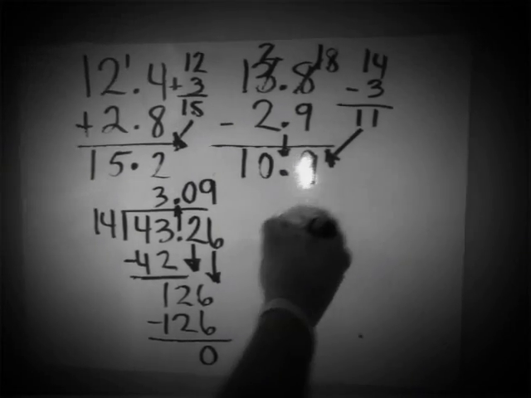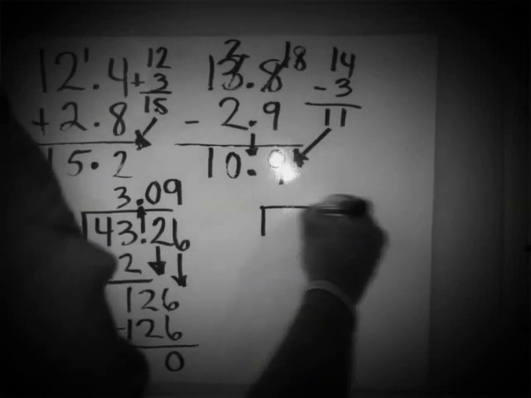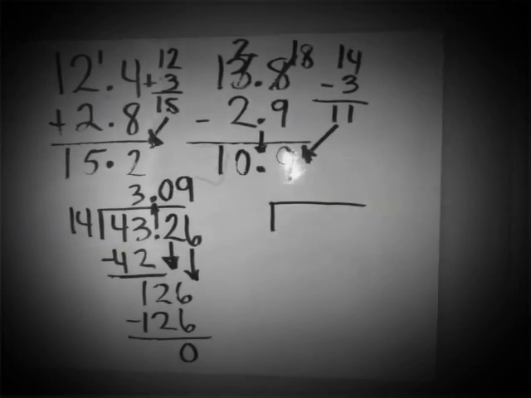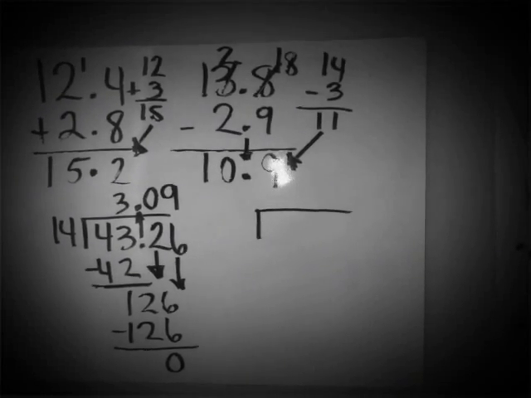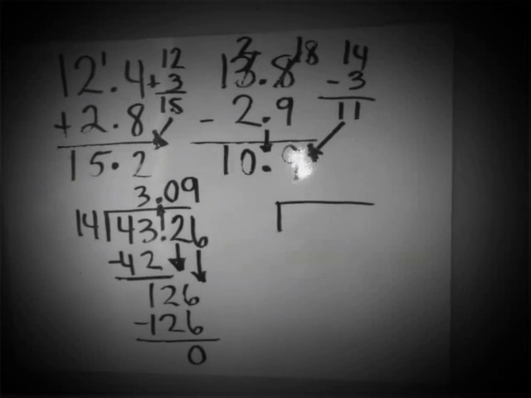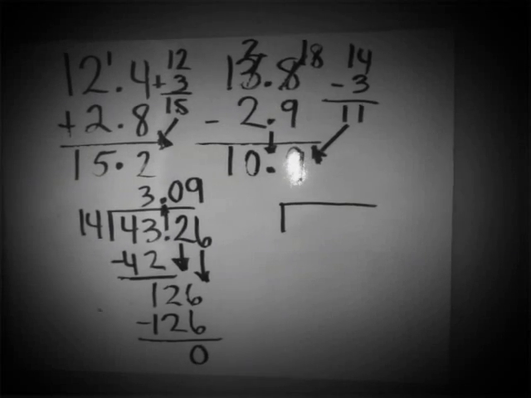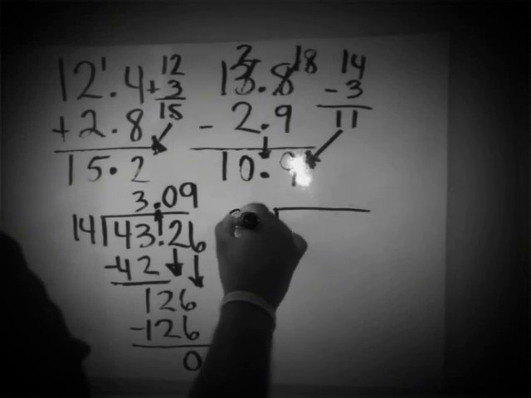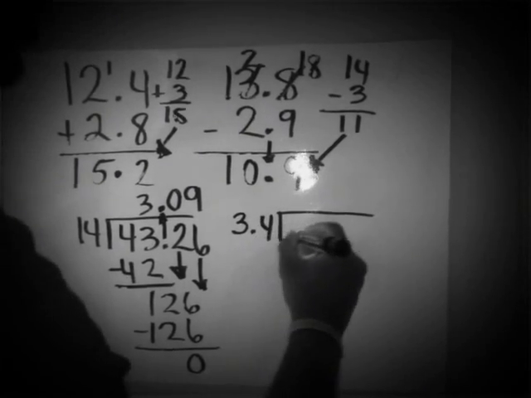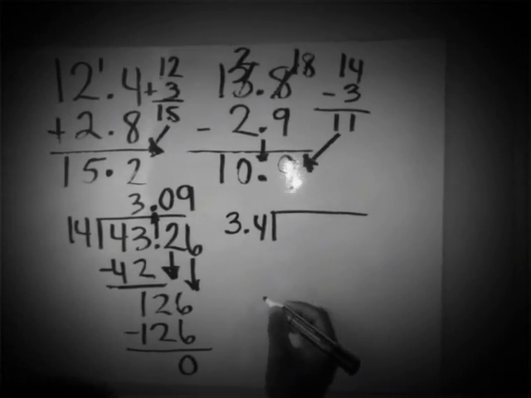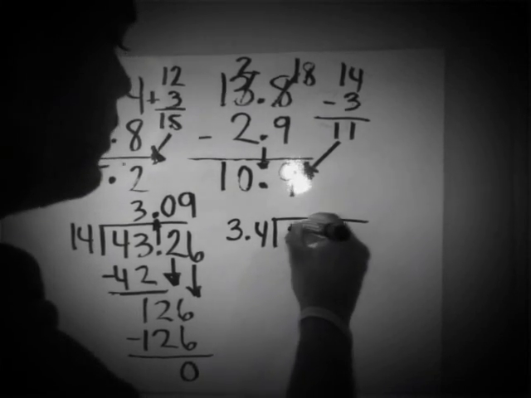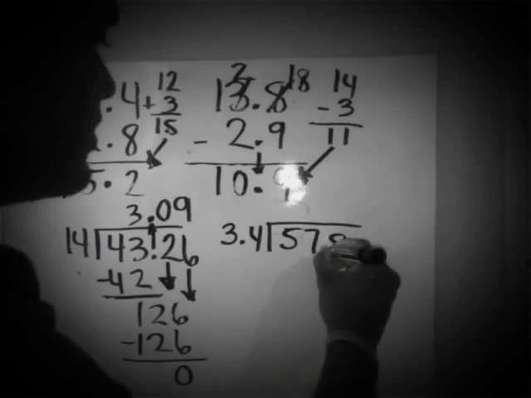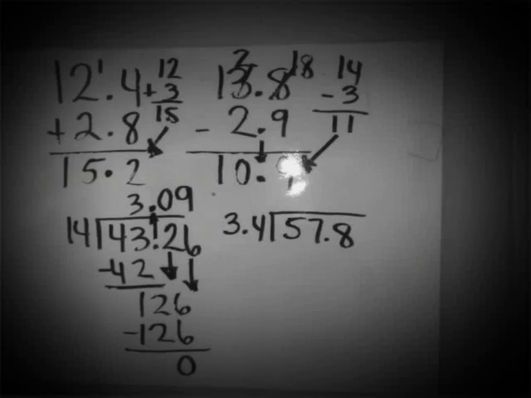All right, there's one more step where we have dividing decimals by decimals. We're going to use 3 4/10. We're going to be dividing, let's say, 57 8/10 by 3 4/10.